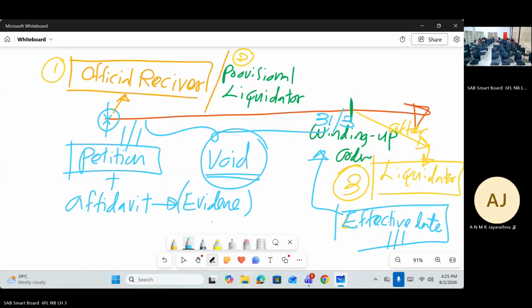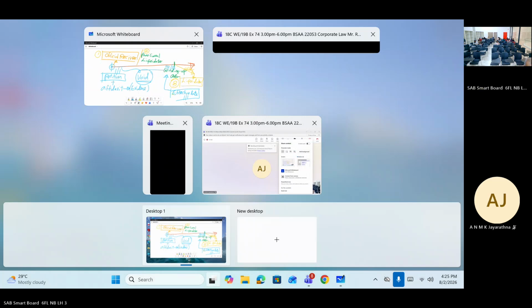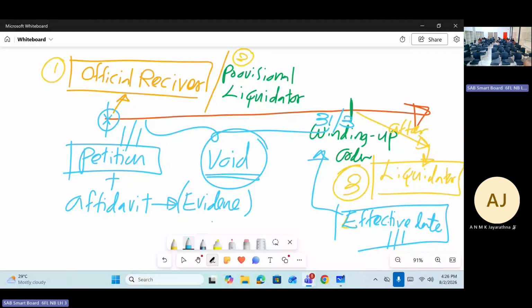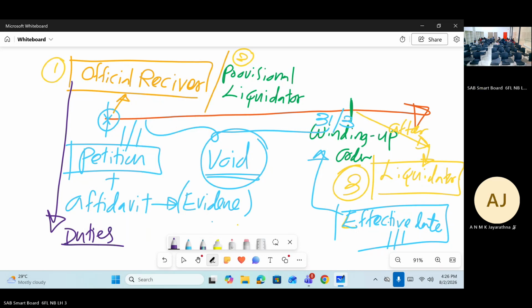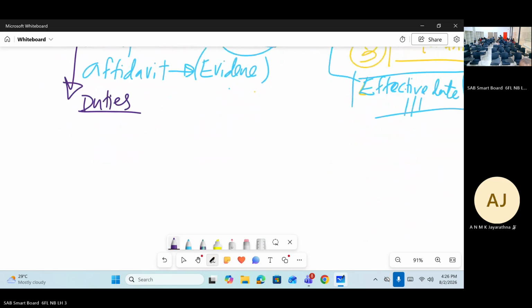Then, when we consider the official receiver, he has two duties.